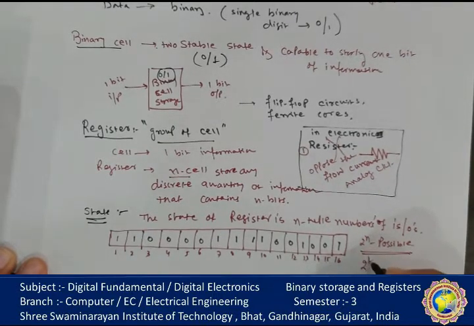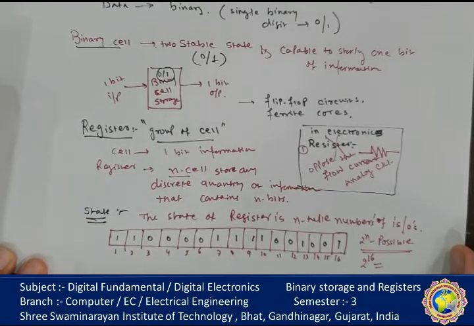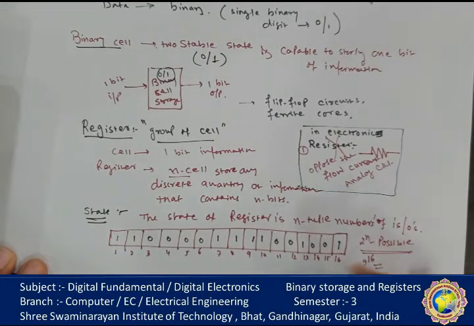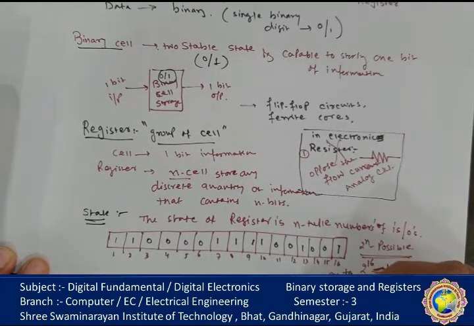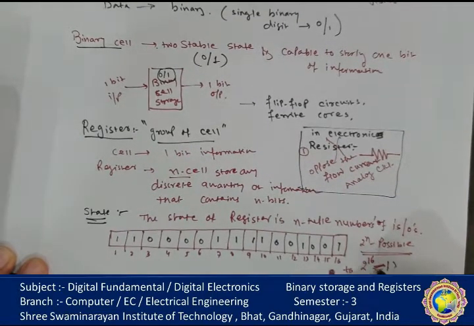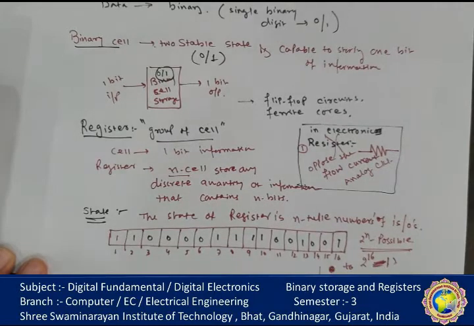So 2 raised to 16 possibilities are there. There are 2 raised to 16 different values possible here. Obviously, the register can store any binary information from 0 to 2 raised to 16 minus 1. Okay, because 0 itself is a value, so 2 raised to 16 minus 1 is the largest value that can be stored.